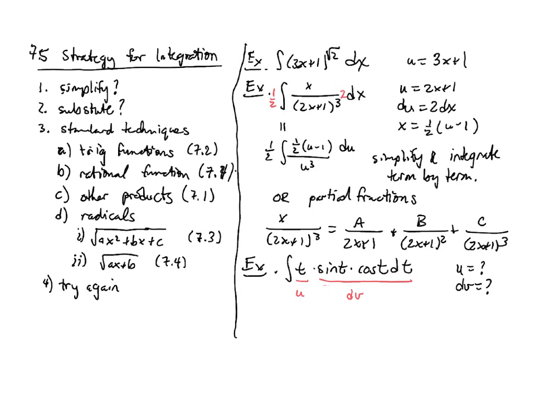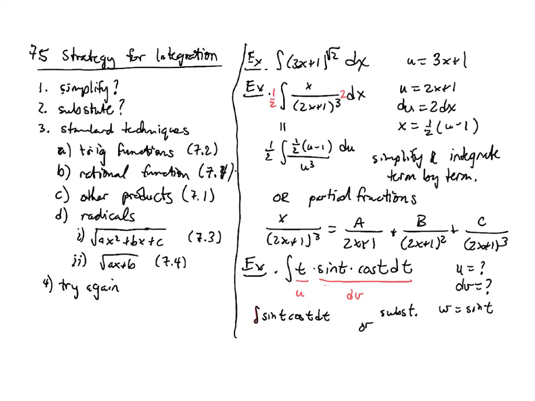So one technique for dealing with that would be, for the antiderivative of sine t cosine t dt, you could either use a substitution, of course we're using a different letter now, I'll call it w equals sine t.